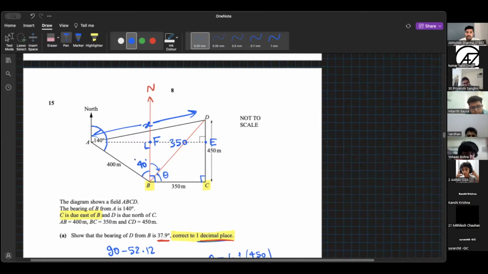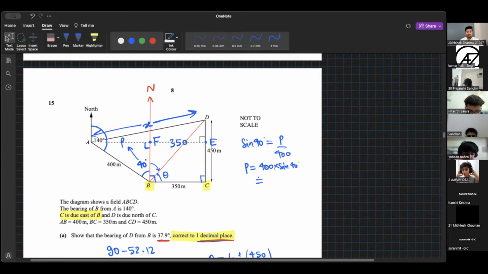This is a right angle triangle now, and we have to find AF. This is the opposite, so this is P. Can we say that sine 40 is P by 400, opposite upon hypotenuse? So P will be 400 into sine 40.